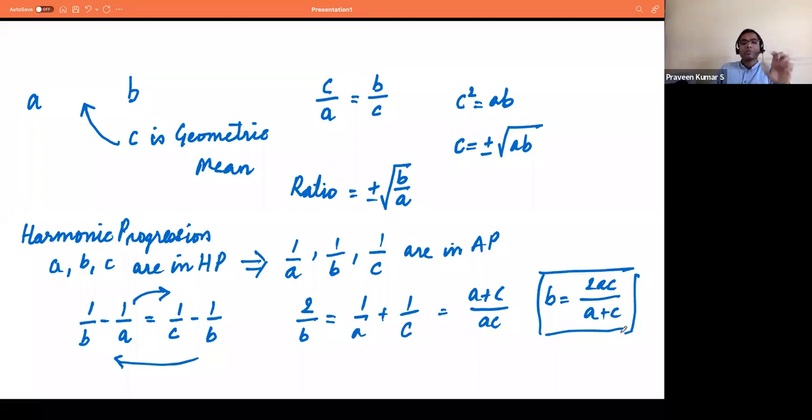There are a lot of questions which are usually asked around the geometric and arithmetic progressions. Okay, any questions at this point? No questions? Okay.